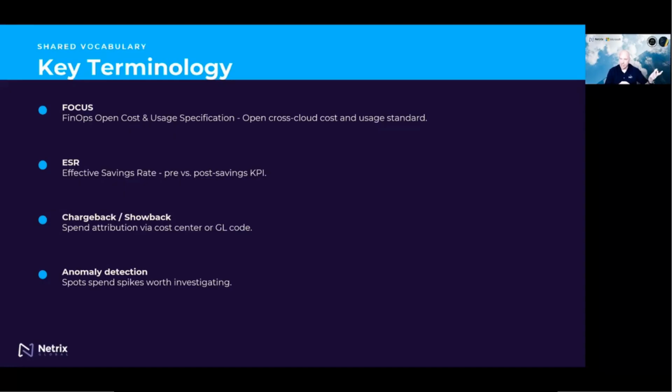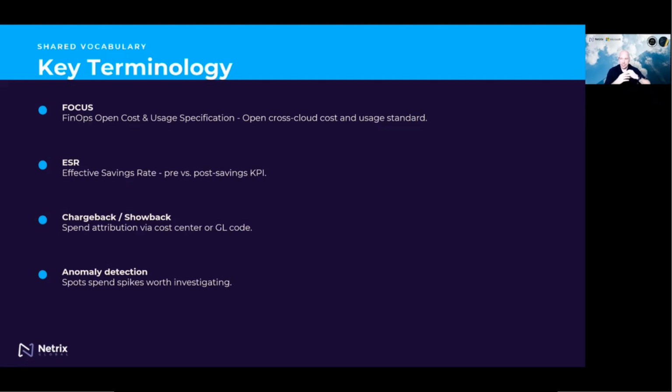You don't want to get FOCUS 1.1 data out of Azure and FOCUS 1.2 data out of AWS. That could potentially cause issues with your reports and with your overall marrying of the data within those environments. So do make sure that you are keeping up with those new schemas and that you've got some sort of change process in place as the FOCUS schema changes. Also important, when you're configuring data exports, make sure you're choosing the FOCUS standard and the right schema version, if your data exports give you that capability.